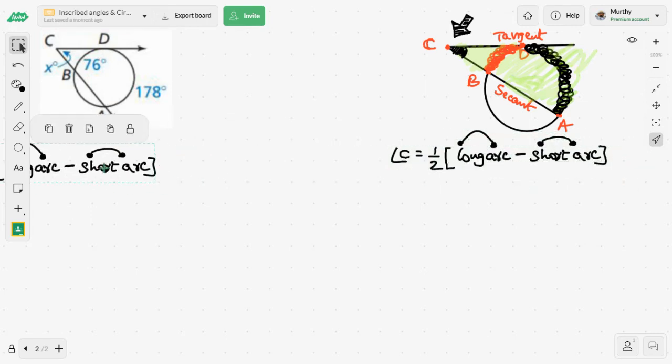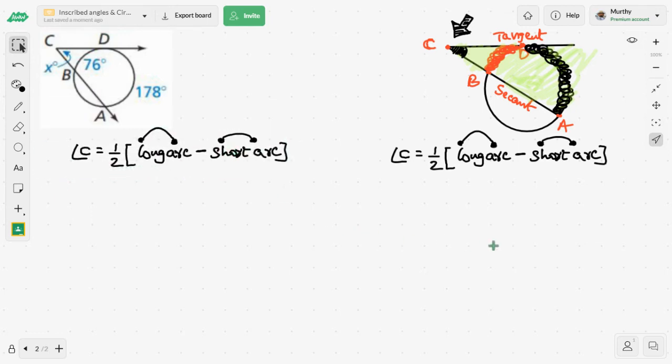Now let's plug in the values. The value of angle C equals half of the measure of the long arc. Even you can read the numbers. The highest value is 178. Subtract the measure of the short arc, which is 76 degrees, the smallest of these two values.